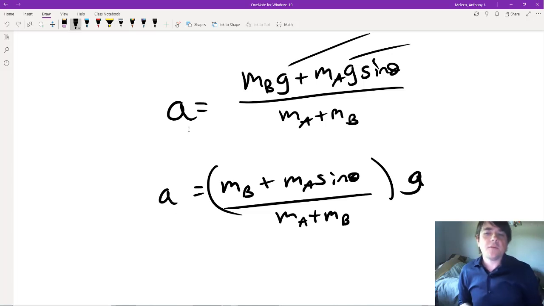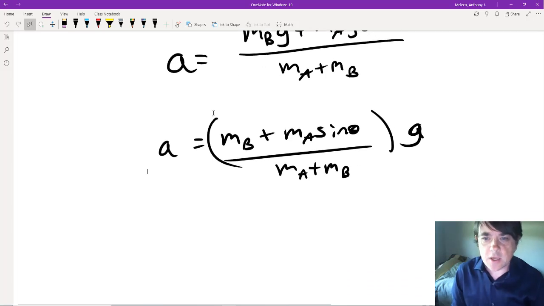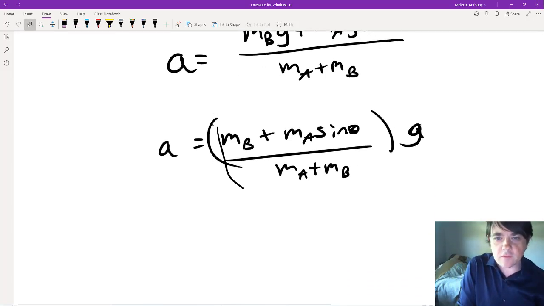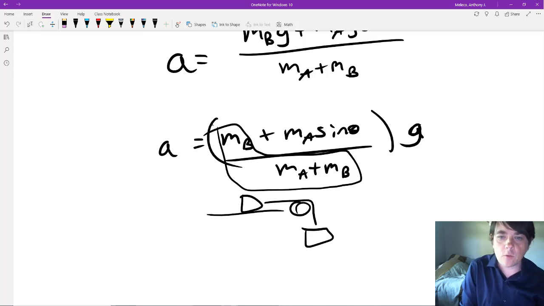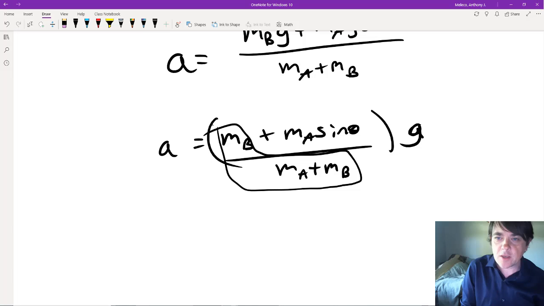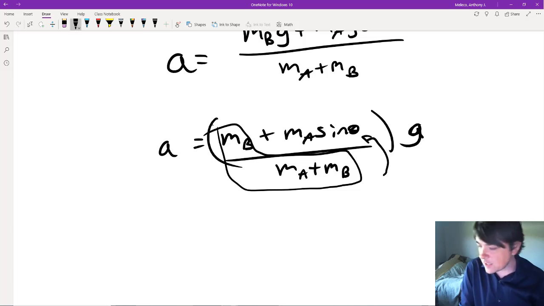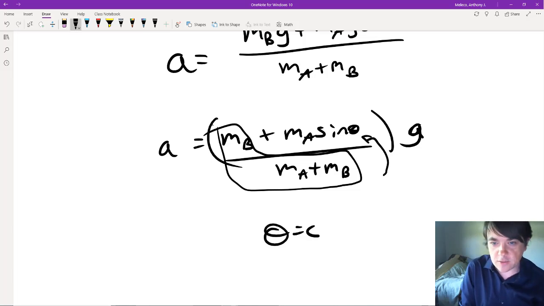Okay, so now does this make sense? If you remember, this was what we got for the Atwood's table, right? Where it was just this system where you have the box connected to another one dangling. And so we get that back if we set theta at 0. So theta equals 0 means we get this back.